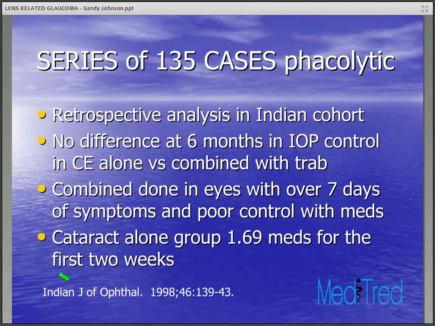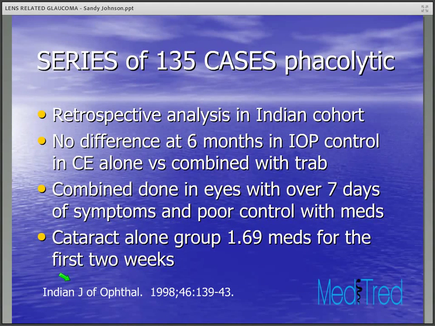There's some series in the literature, mainly from more developing countries than from Western countries, since they see more mature cataracts. In one series of 135 cases from India, they looked at a retrospective analysis. And they looked at patients who had phacolytic glaucoma that were treated with a cataract extraction alone versus a combined procedure.